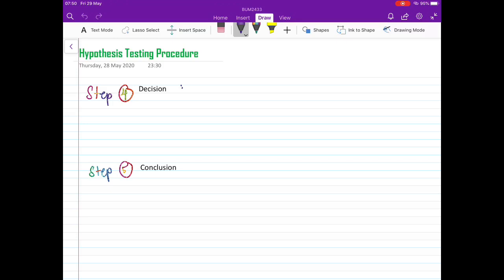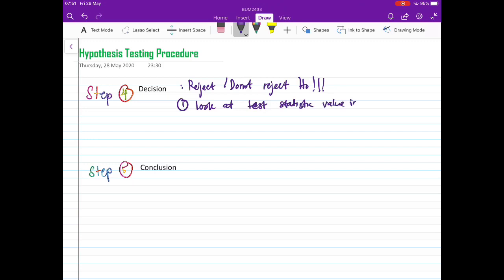It's either you reject or you do not reject H null. How do you know whether you reject or do not reject H null? First, look at the test statistic value in step 2. In step 2, you have calculated your test statistic.